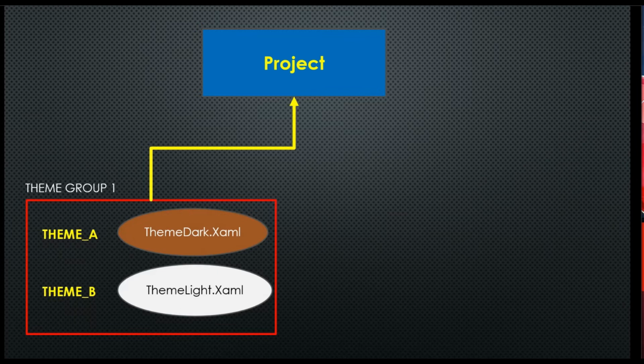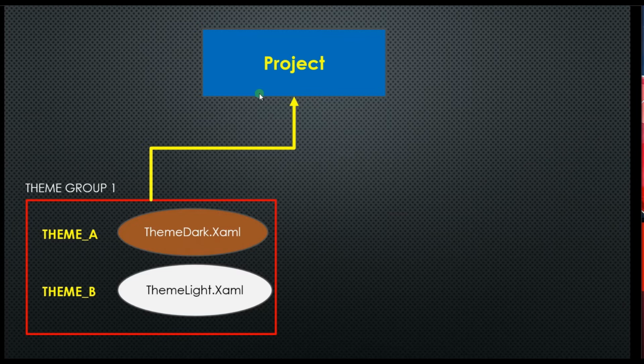Let's assume that they contain the same number of keys, like color background 1, color background 2, so the same keys are in both places. And when you change the theme from A to B, the files get replaced during runtime, and the project also gets updated. So this is all fine. That's what we have seen now in the example.